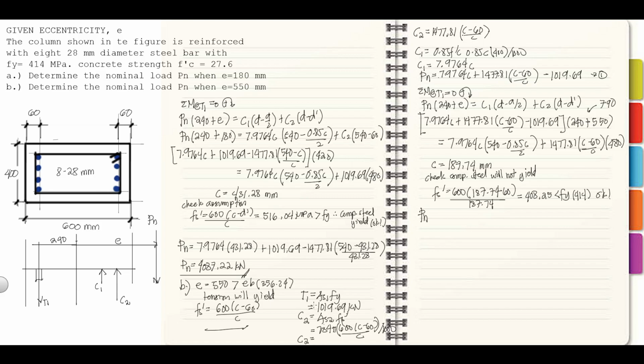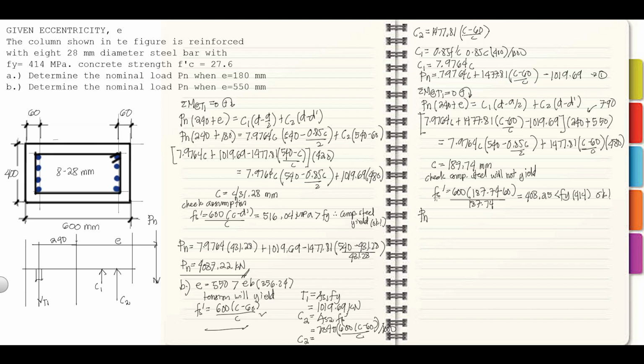Okay? Pag nangyari yon, T1 is equal to C2, which is 1019.69. Yun yung nalagay mo sa equation. Pagka nag-yield siya. Pero dito, hindi siya nag-yield. So, tama yung ginamit natin na Fs prime, which is this value.